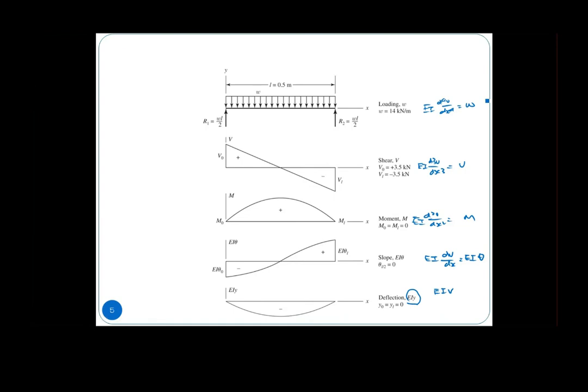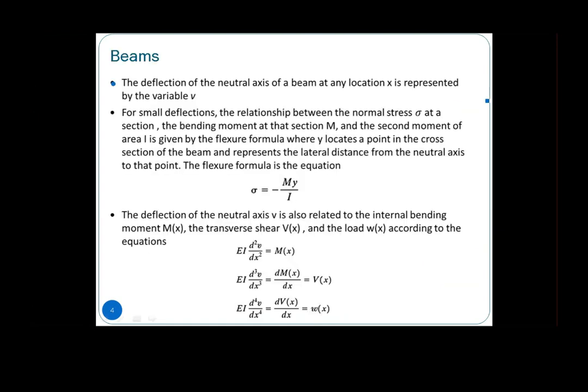That basically gives us these relationships that we will be using later on. From the deformations or deflections we have the slopes or rotations, then the moments and the shear, as well as the loads, or the other way around.